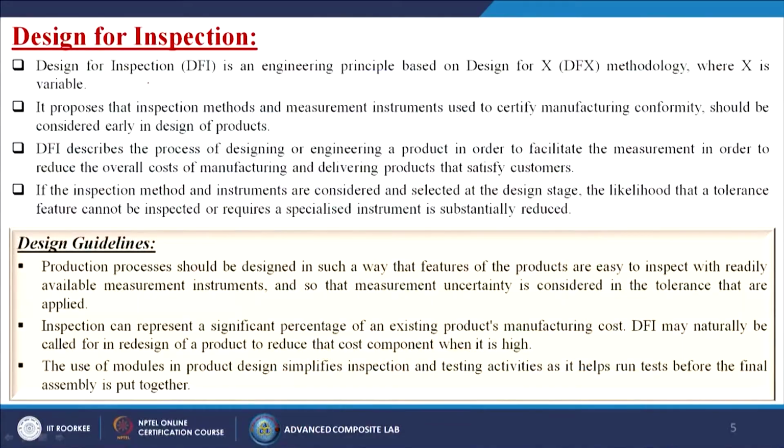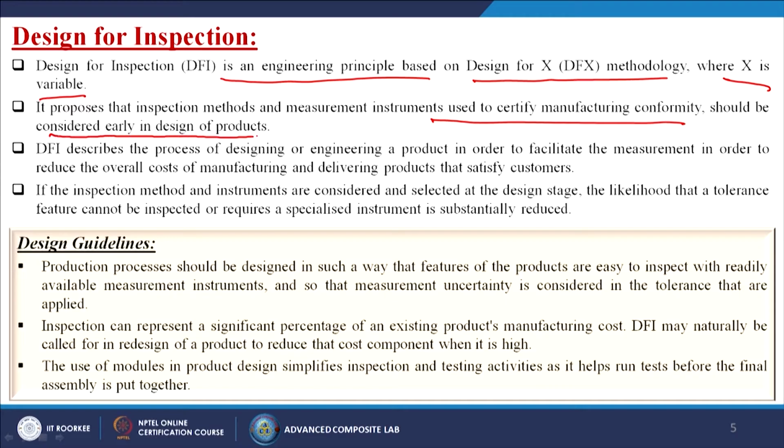What is design for inspection? Design for inspection is an engineering principle based on the design for X methodology, where X is a variable. It proposes that inspection methods and measurement instruments used to certify manufacturing conformity should be considered early in the design of products.